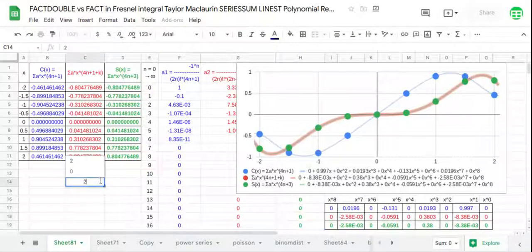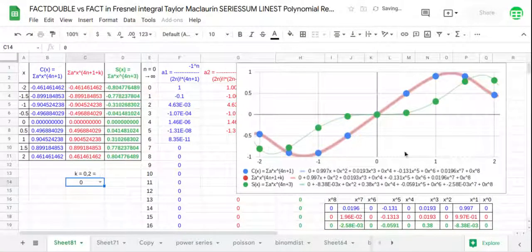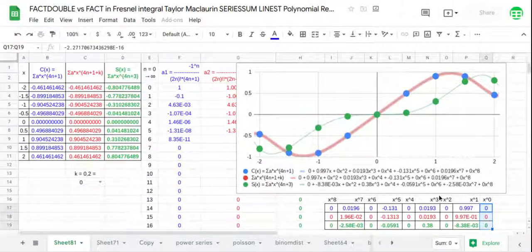We toggle this to 0. Again, coefficient of x to the 0, 0. Coefficient of x, 0.997 and minus 0.838 times 10 to the minus 3. Coefficient of x squared is 0. Coefficient of x cubed, 0.0193.38.